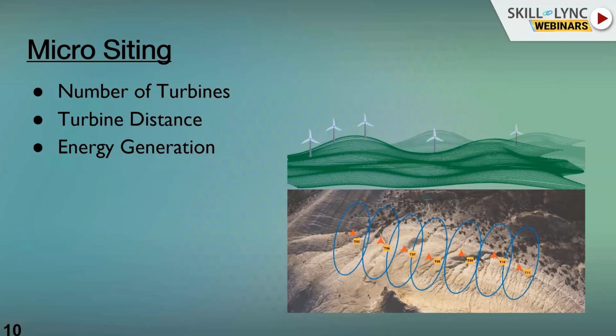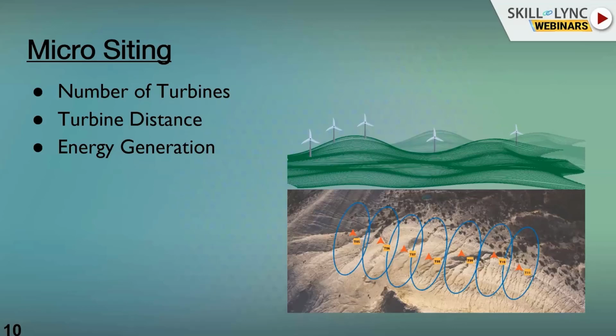Normally it is based on the terrain, that means the level of the area. If it is a plain area, the spacing of the wind farm is different. If it is a hilly terrain, near the coast, onshore or offshore, the turbine distance may vary based on this.